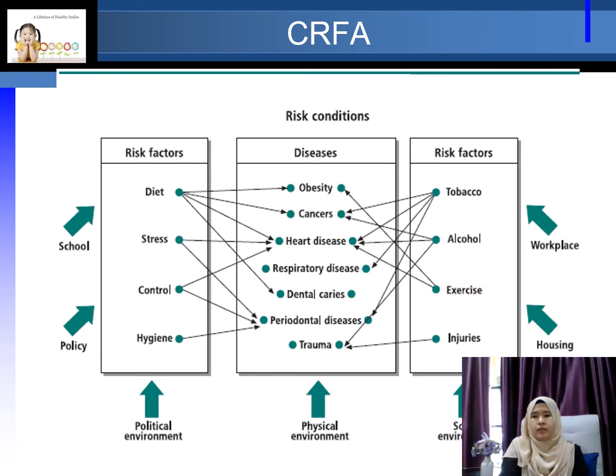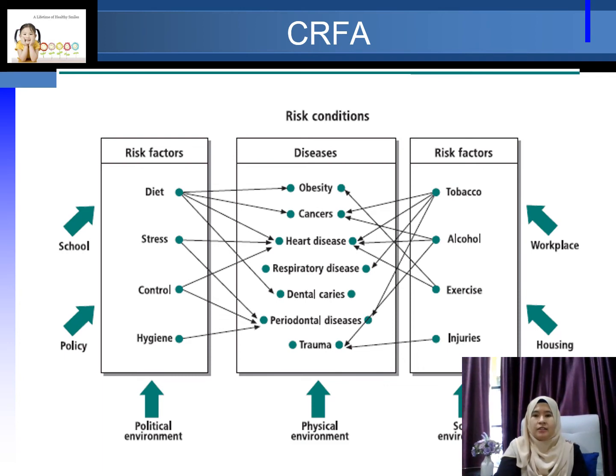If you can see this figure here, the left and the right ones are the risk factors, and this is the disease. Traditionally we always target the disease, but with the common risk factor approach, we target the risk factors. For example, the risk factor is diet.